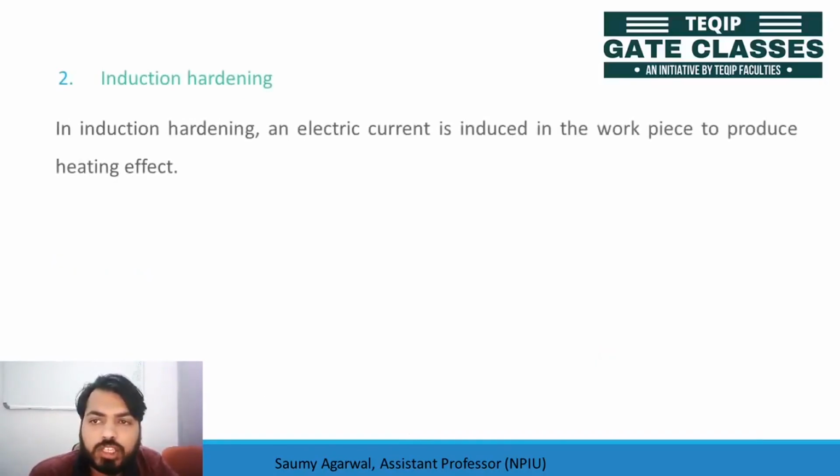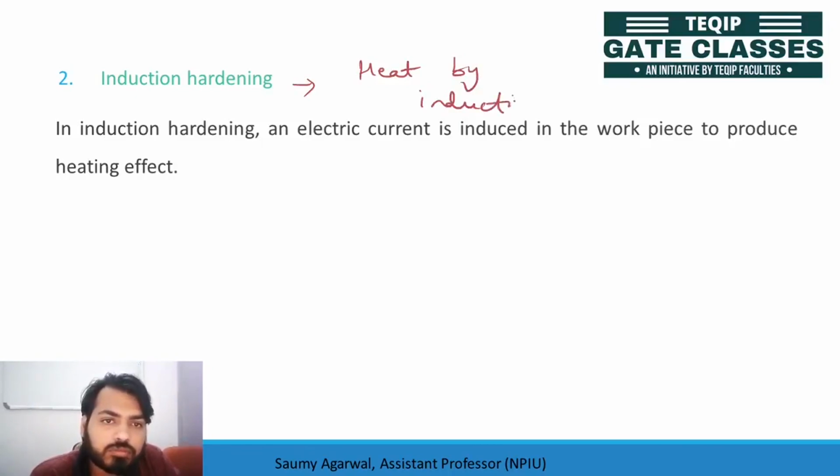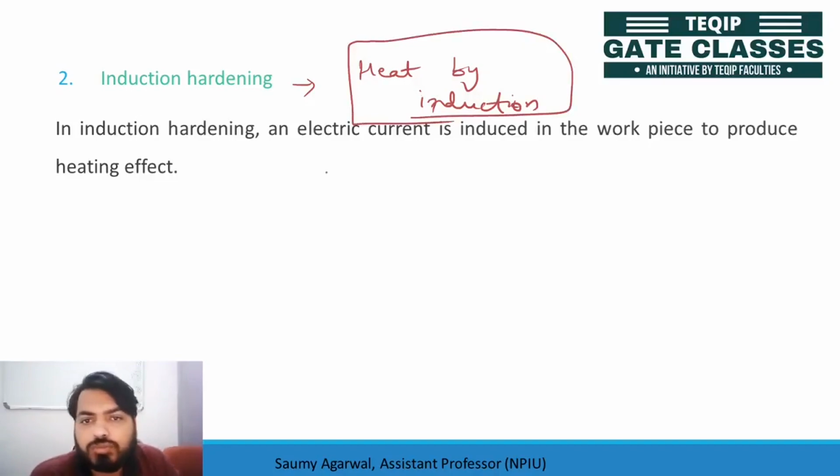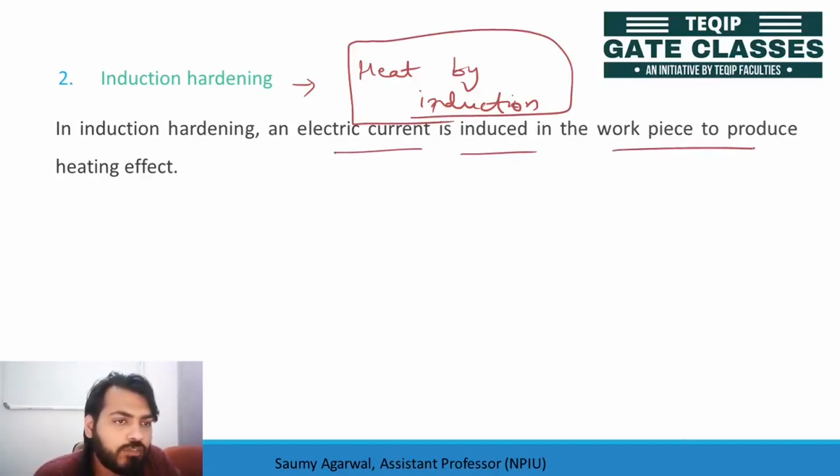And next is induction hardening. In induction hardening, you heat by induction. An electric current is induced in the workpiece to produce the heating effect.